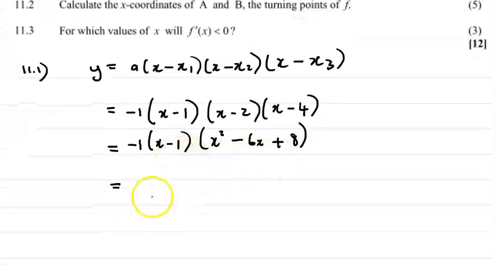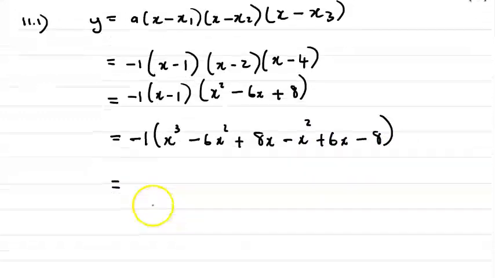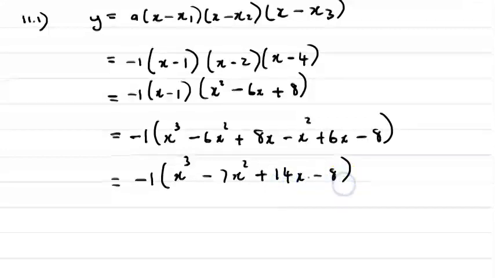So now we'll have a binomial times a trinomial, minus 1. Here we've got x cubed. So x times x squared is x cubed, minus 6x squared plus 8x, minus x squared plus 6x minus 8, which will equal, let's simplify before we take minus 1 into the brackets: x cubed, there will be minus 7x squared, here we will be left with positive 14x minus 8.